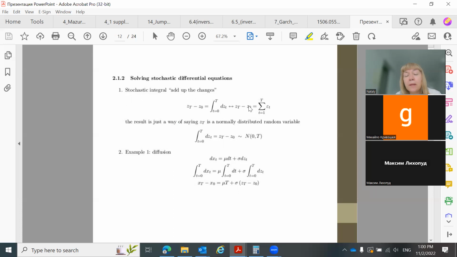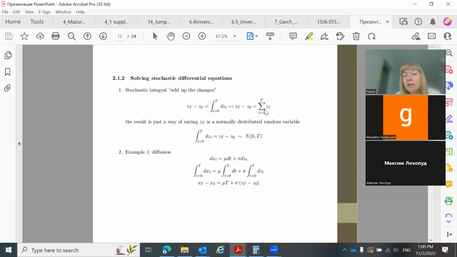But this result is just a way of saying that it is a sum of normally distributed random variables. So if you see an integral with respect to Brownian motion, a Wiener process, we can write it as a sum of epsilon_t.